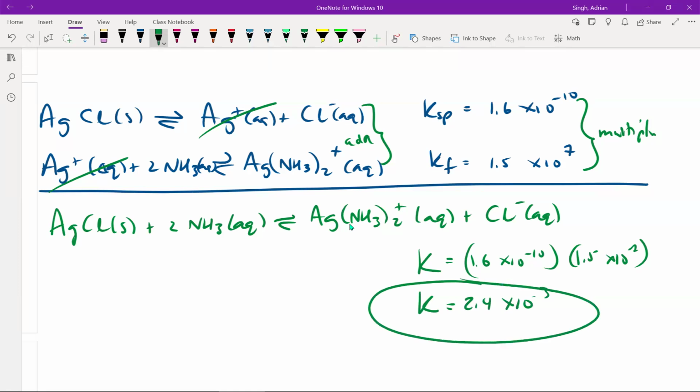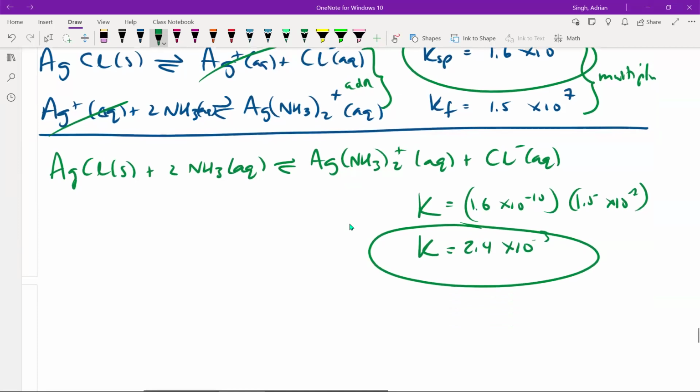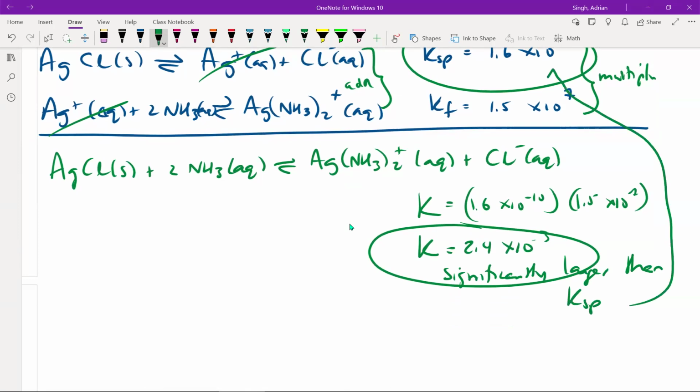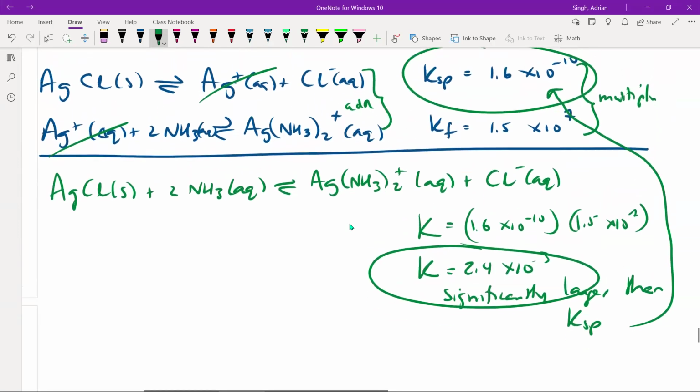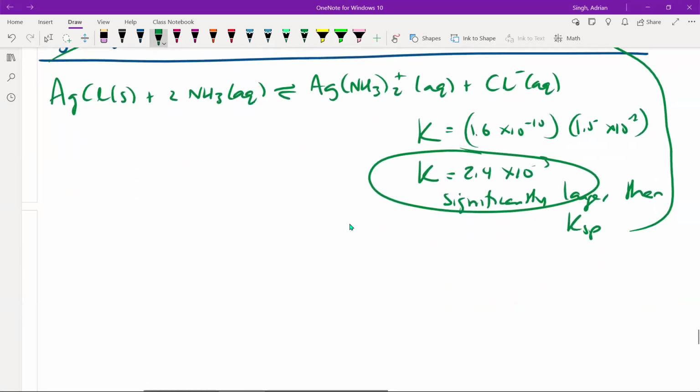If I compare this K value to the Ksp, I find that this is significantly larger, about 10 to the 7 times larger.